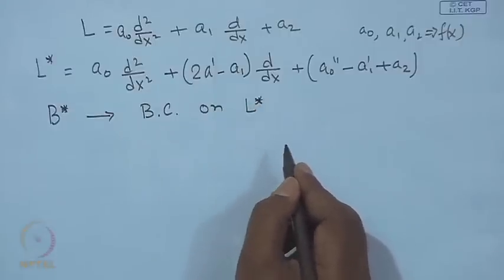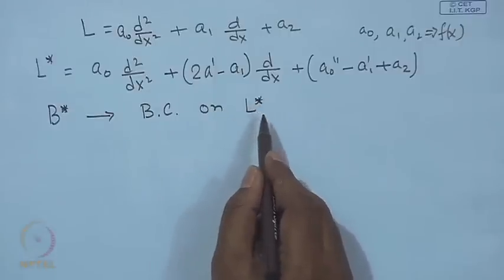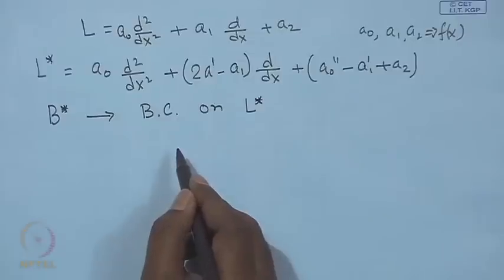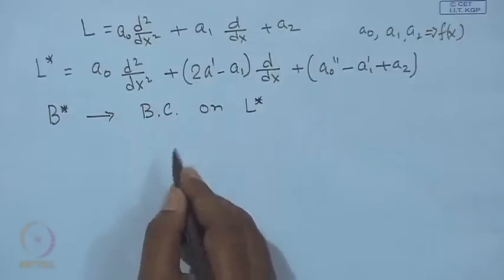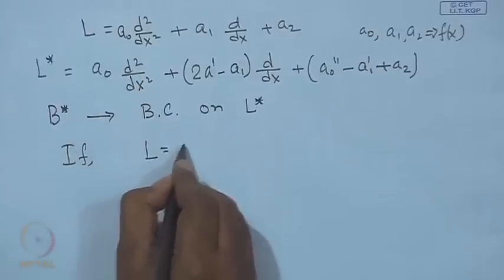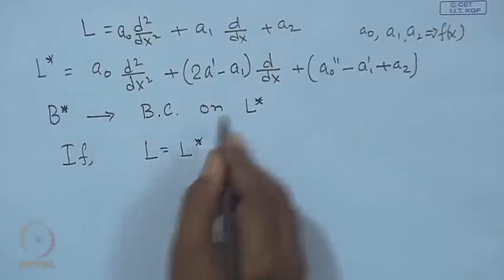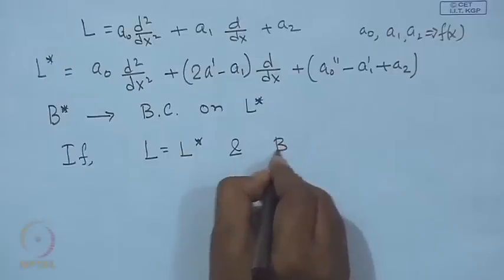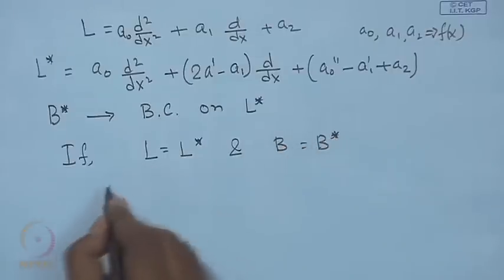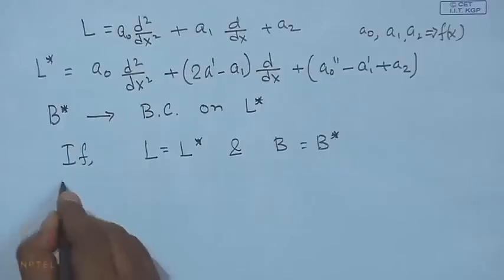Okay. So, that is the dummy variable where L star is defined. This way one can obtain the adjoint operator and the adjoint boundary operator as well. So, if L is equal to L star and B is equal to B star, then we call L the self adjoint operator.